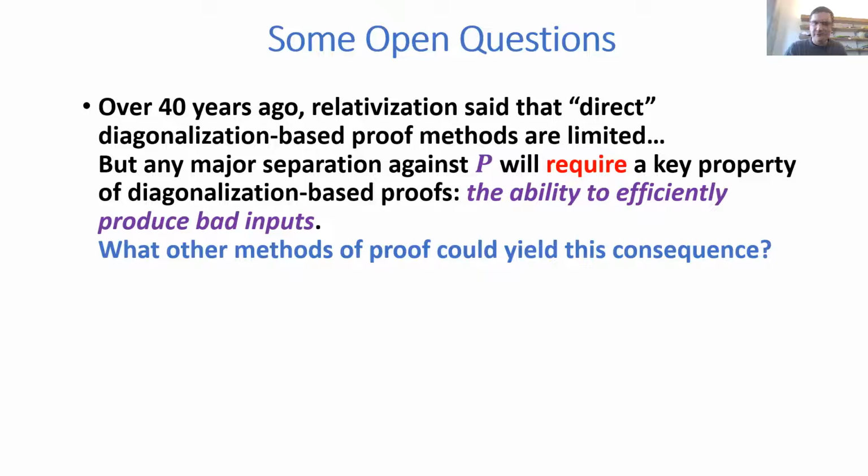But we also know that any major separation against P is going to require a key property of diagonalization-based proofs, namely this constructivity, this ability to efficiently produce bad inputs. So the big question to me is, what other methods of proof could yield this kind of consequence, the ability to produce bad inputs? This is something I think should be studied very carefully.